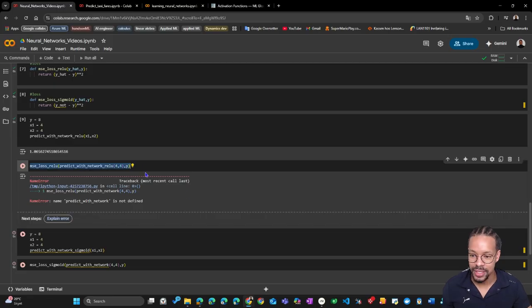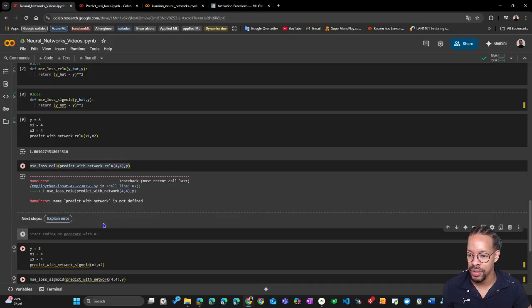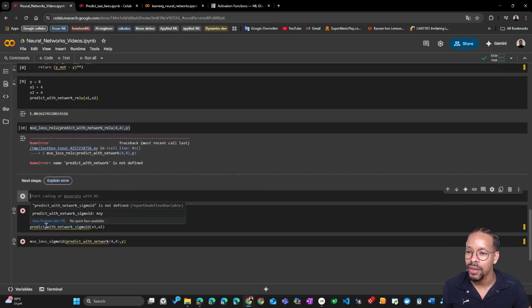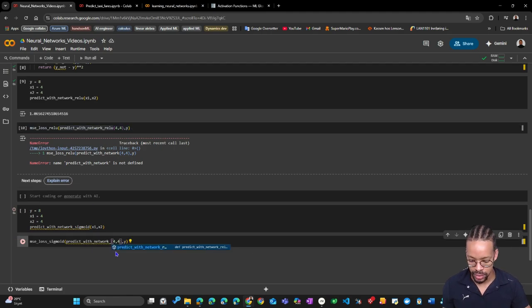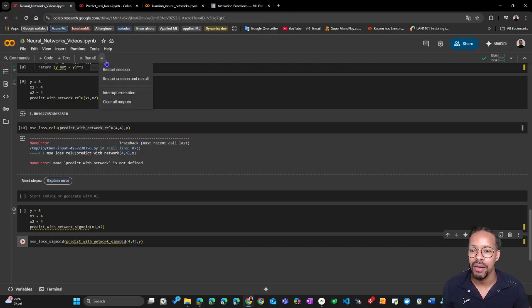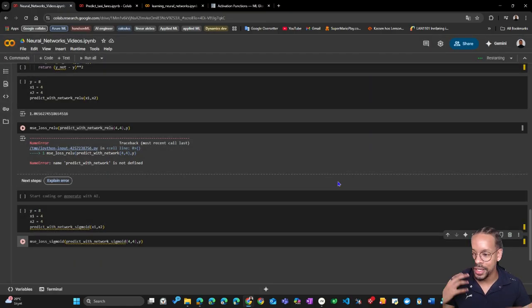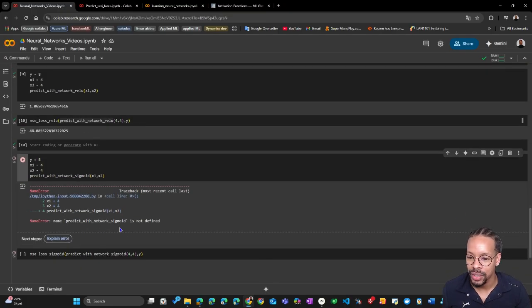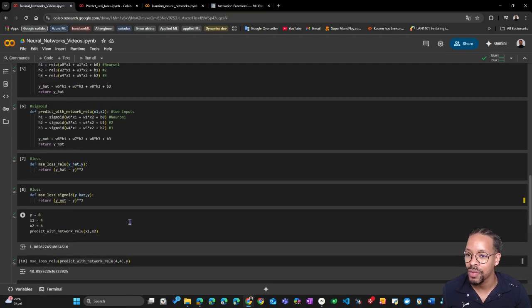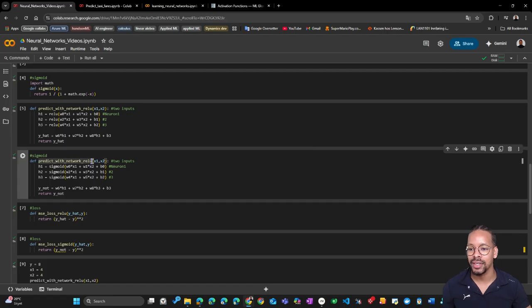And let's do the same for the other one, predict with network sigmoid. I will be running it all and just finding the errors and fixing them on the go with you. Predict with network sigmoid is not defined. Oh, that's it again. Perfect. So now this should run.